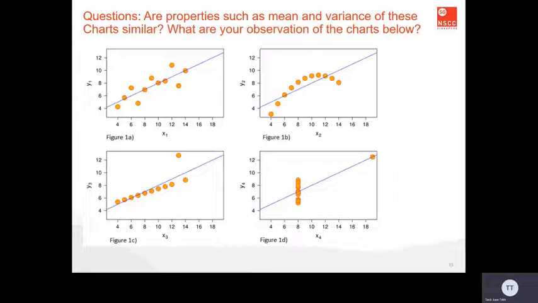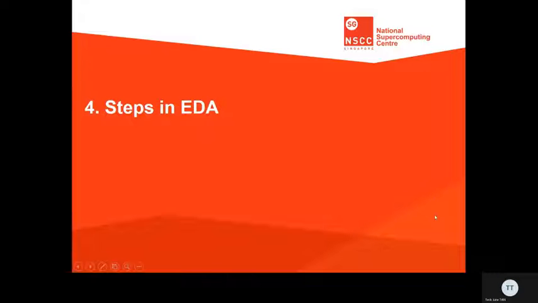So 4 data sets, 4 different charts. Therefore, it is important to understand the statistics and also know the shape of the charts.